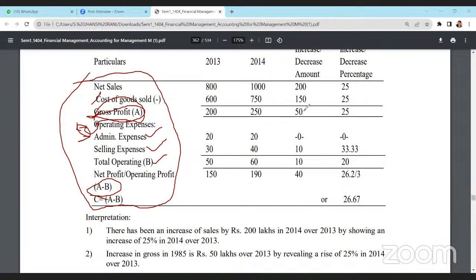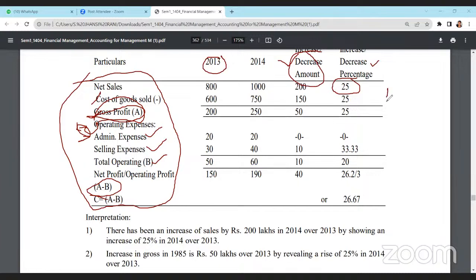Then again here, same as what we will write: absolute change and percentage change. Here also, current year minus previous year. Current year is 1000 and previous year is 800. We find out the difference. And again, we do the percentage. How do we find out the percentage? This absolute change divided by previous year value into 100.